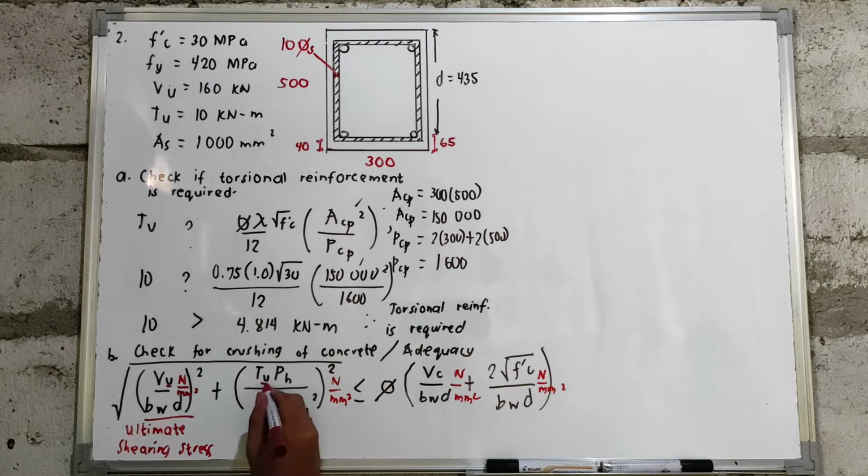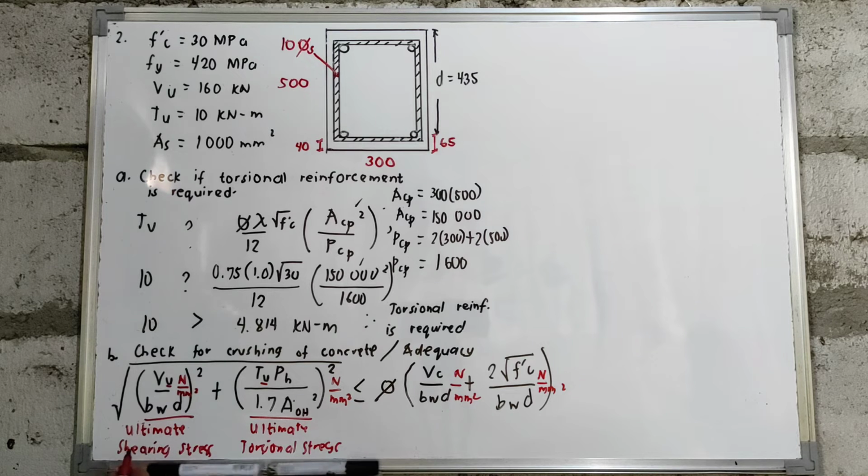Since meron tayong torsion dito, eto naman yung ultimate torsional stress. And yung nasa kabila naman, kung mapapansin natin dito, this is what we call yung ultimate stress natin.